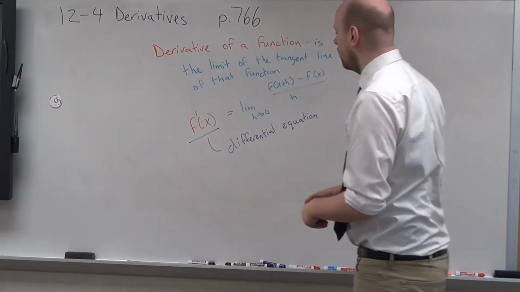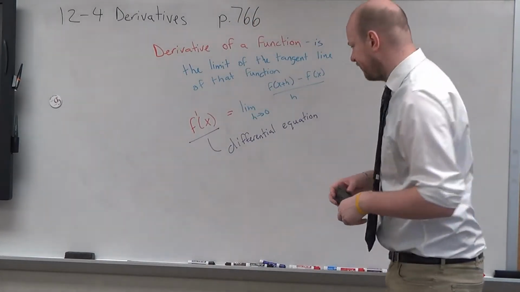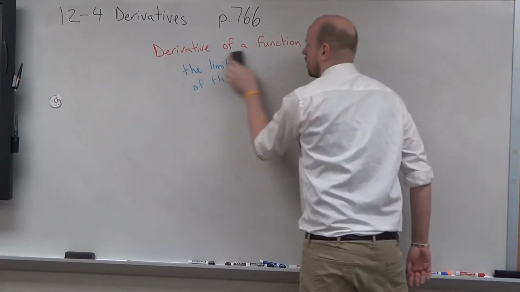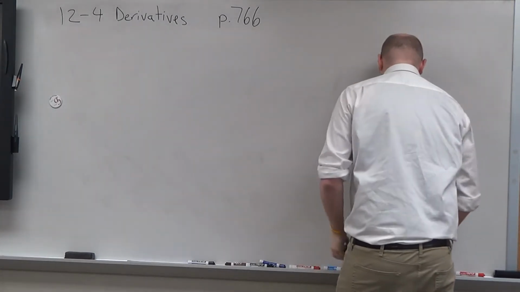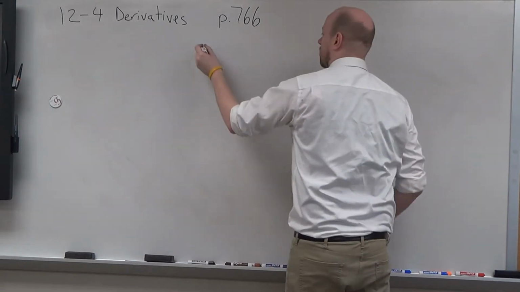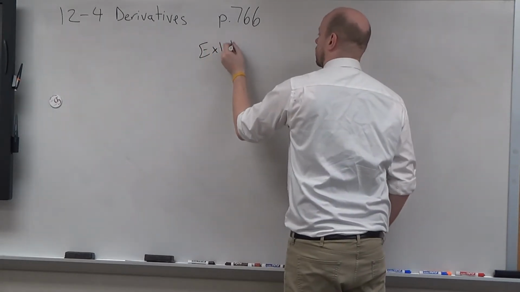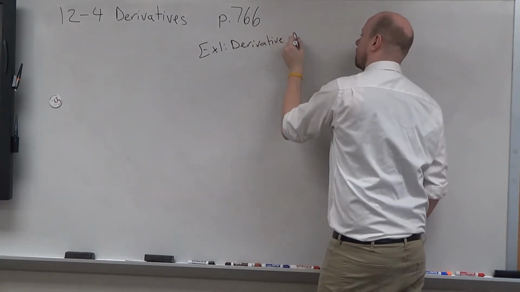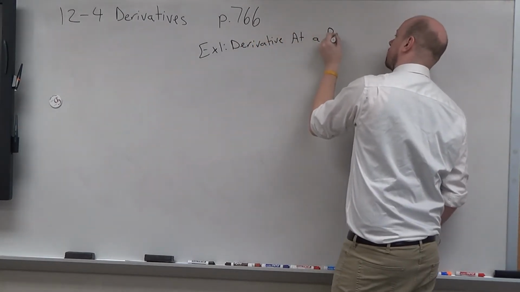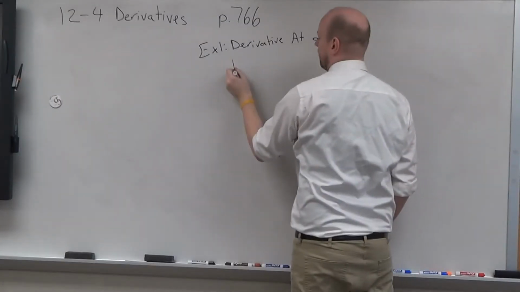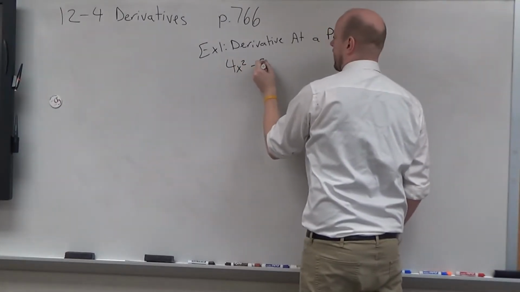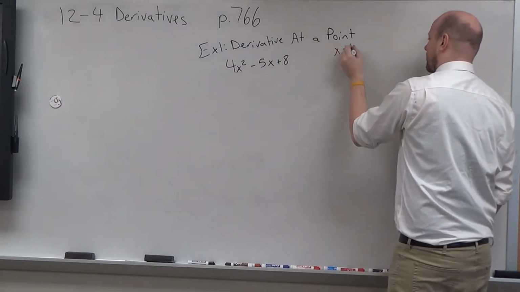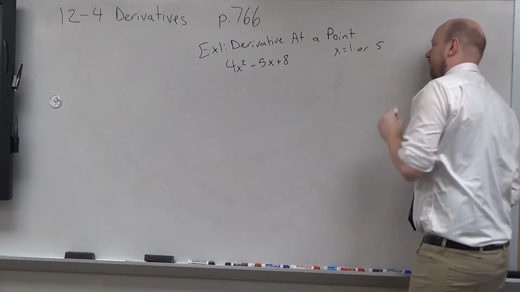Okay. So, let's get into an example here. Example 1, derivative at a point. So let's say we have something like 4x squared minus 5x plus 8, and we want to differentiate at x equals 1 or 5.